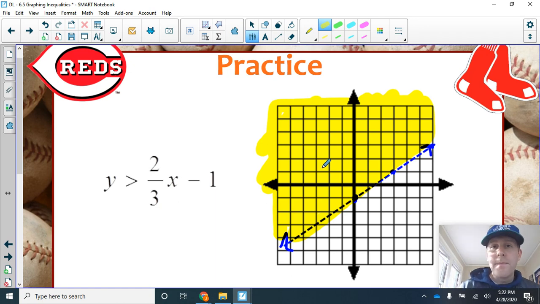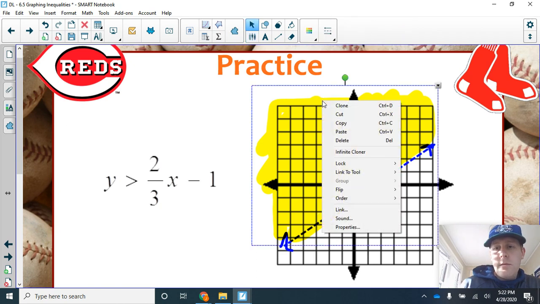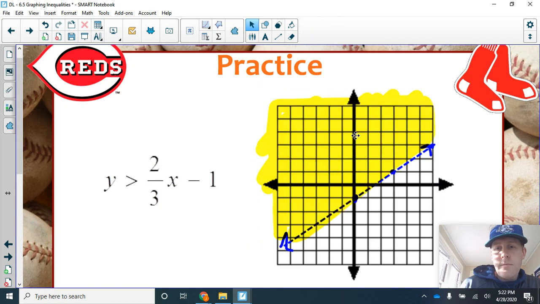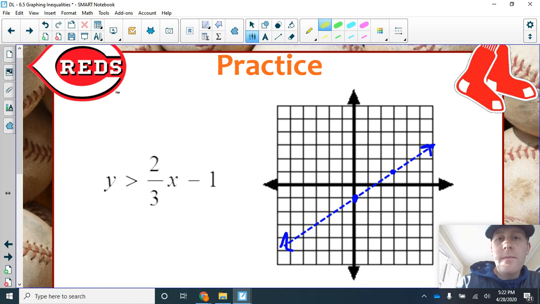But if you don't have a highlighter, what you could do as well, and this is something I do if I don't have a highlighter handy, is just take your pencil and do a light shading, or you can even just draw some lines, nice and light.